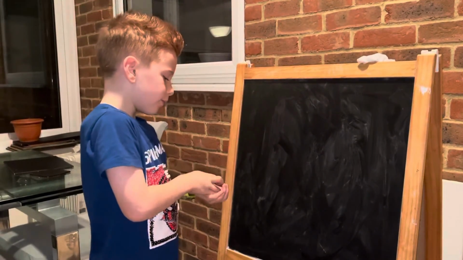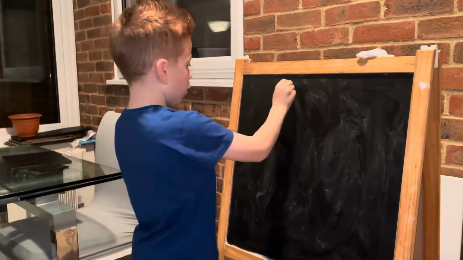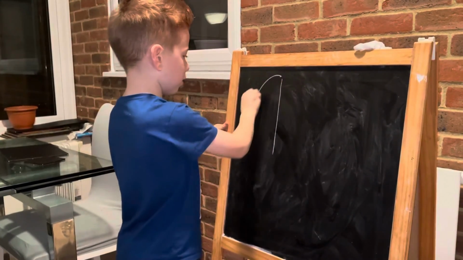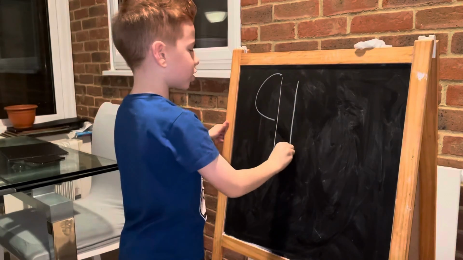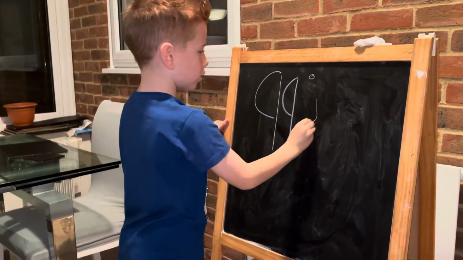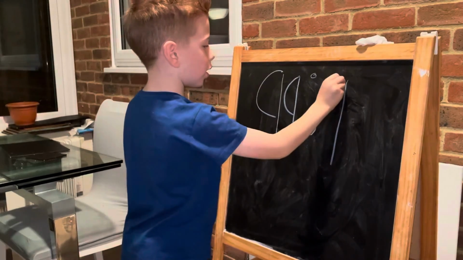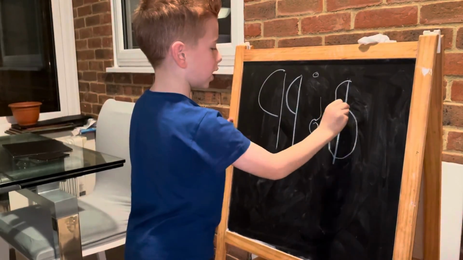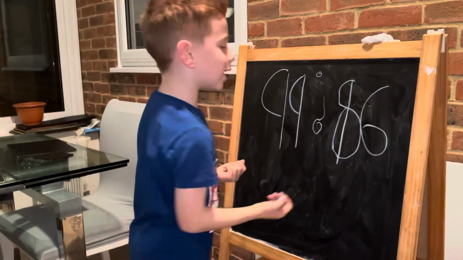Talking about the sun, well, everyone knows the sun is big, but it makes up 99.86% of the mass in our entire solar system.